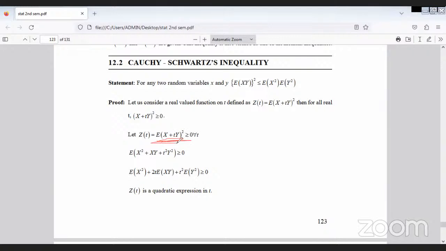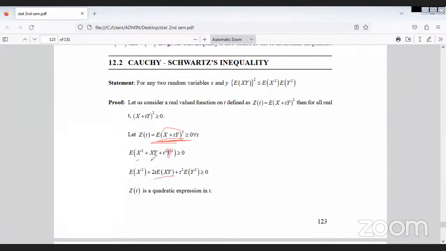Tell me what is the (a plus b) whole square formula? a square plus 2ab plus b square. Same as written: X square plus 2tXY plus t square Y square. So we can write E of X square, taking 2t common, E of XY plus t square E of Y square.